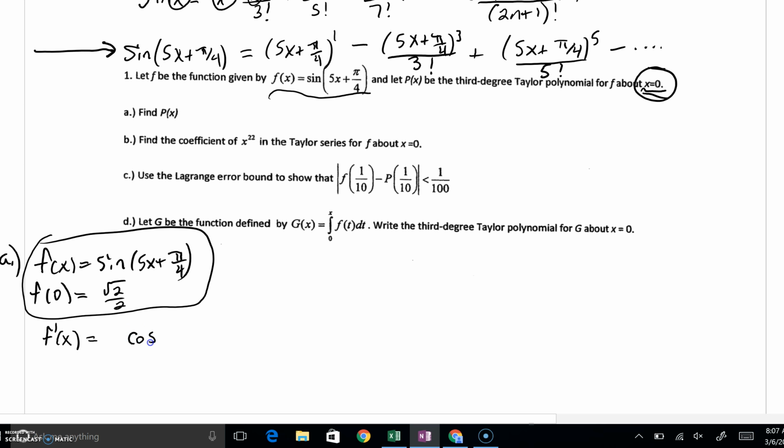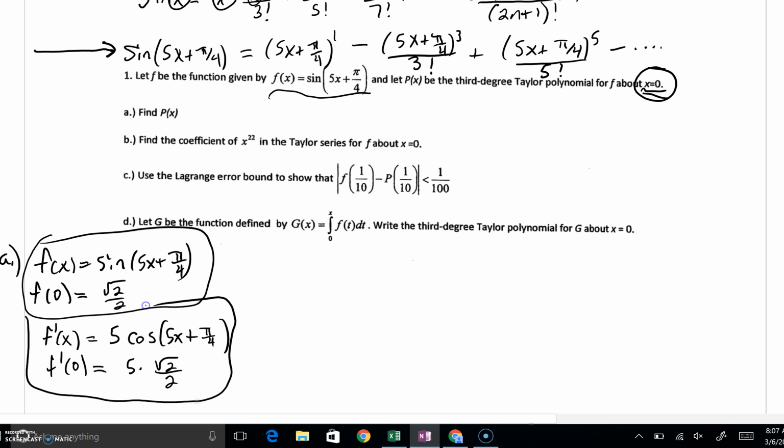But please watch out. The chain rule is in effect. We have to take the derivative of 5x plus pi over 4, or we're going to get a 5 to come out. So f prime of 0, the cosine of 5 times 0 is 0, 0 plus pi over 4. Cosine of pi over 4 is root 2 over 2, but don't forget you have this 5 out in front.